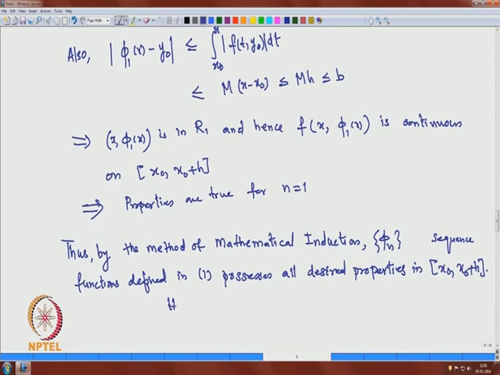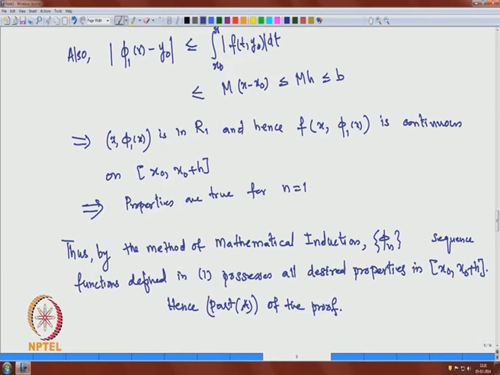So, hence part A of the proof is established by mathematical induction.